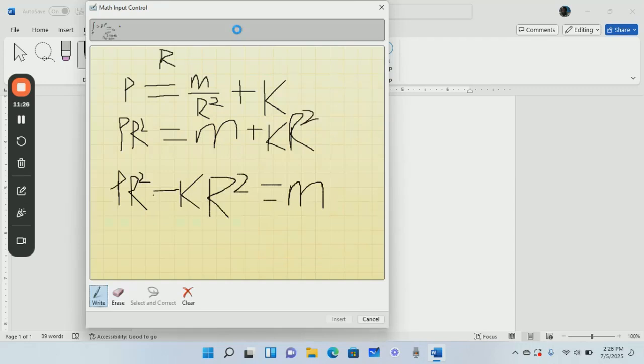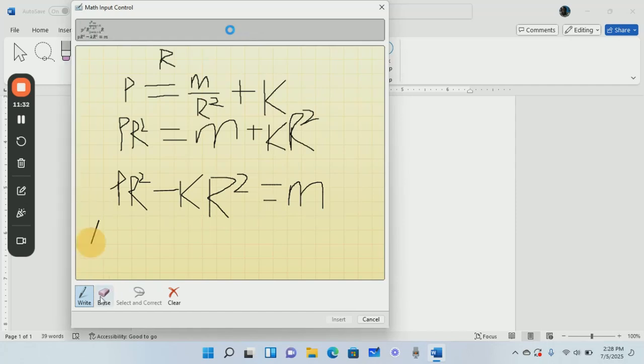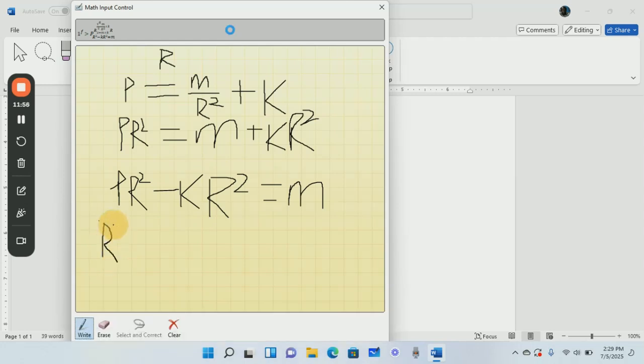What we do is let's factor r squared out.